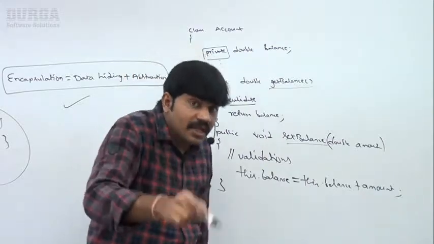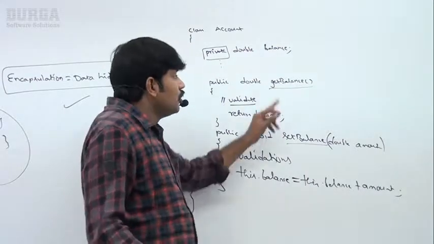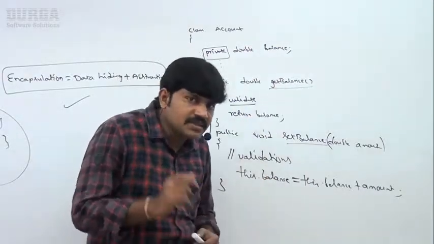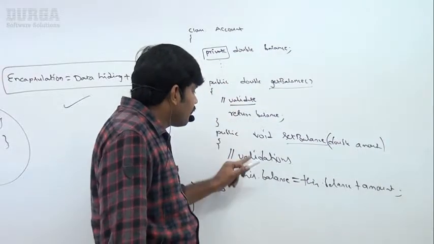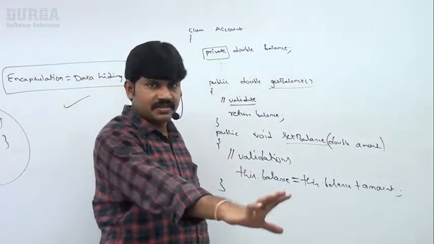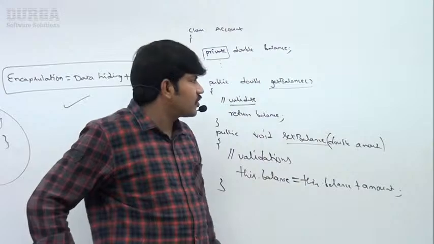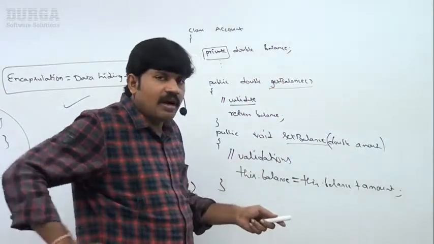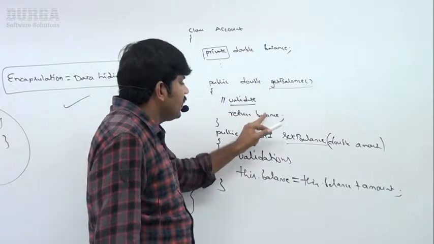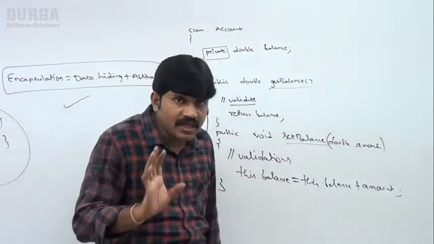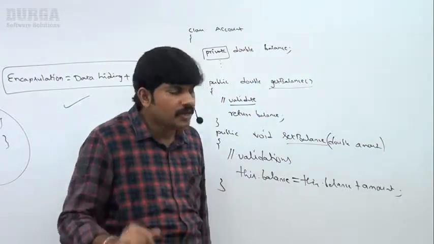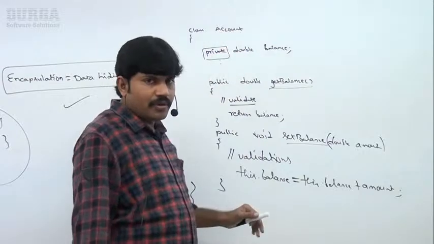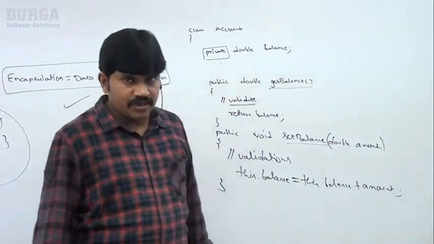The advantage of providing access through getter and setter methods is that we can perform the required validations. An outside person is always going to call either getBalance or setBalance. Through that, after validation, only then can he get the required data or perform required operations, right? So now I can say it is the best example for encapsulation.